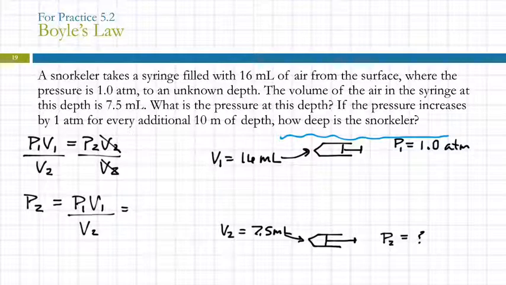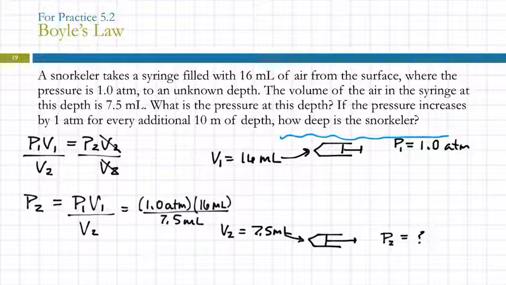So I've got my equation, and then I'm going to put in the numbers. Pressure 1 was 1 atmosphere. Volume 1 was 16 milliliters. Volume 2 is 7.5 milliliters. Always write the units. Look what the units are doing. The milliliters cancel out. So I have 1 times 16 divided by 7.5.